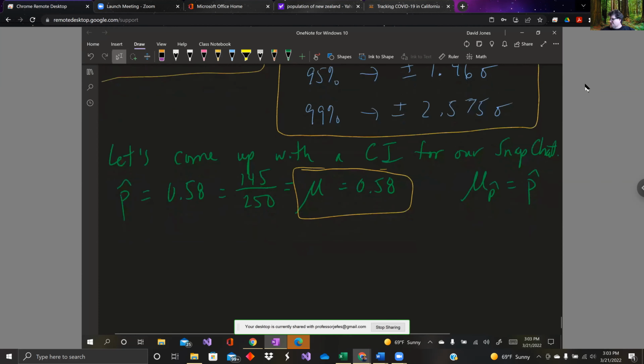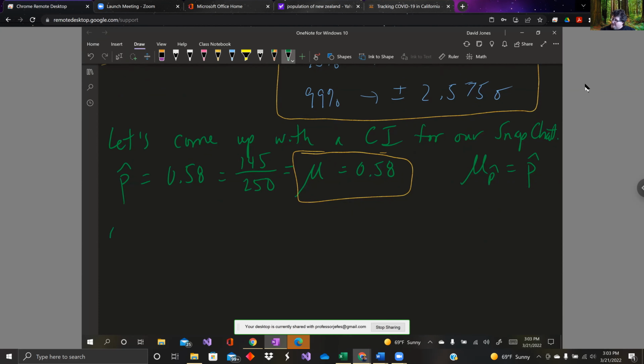Now standard deviation. Okay, we got some work. So this is calculator work. It was the square root of P times 1 minus P over N. For us, that's 0.58 times 1 minus 0.58 divided by 250, and then we take the square root.